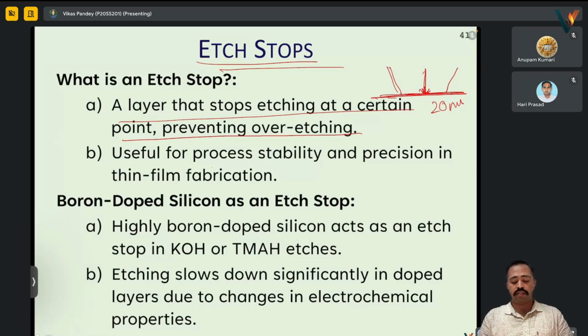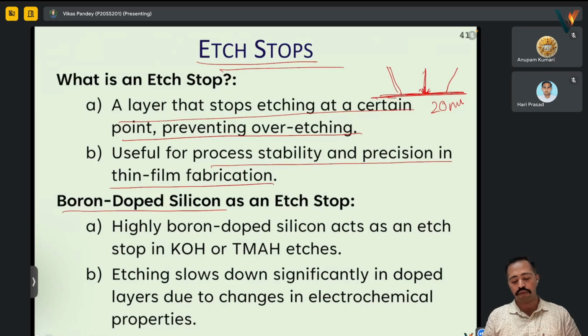And this is useful for process stability and precision in thin film fabrication, where we have to control the film, but we have to widen out. And highly doped boron, or boron doped silicon, acts as an etch stop for KOH and TMAH.